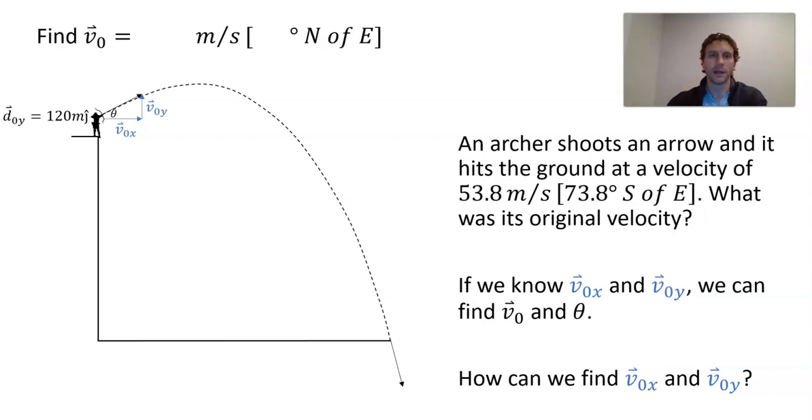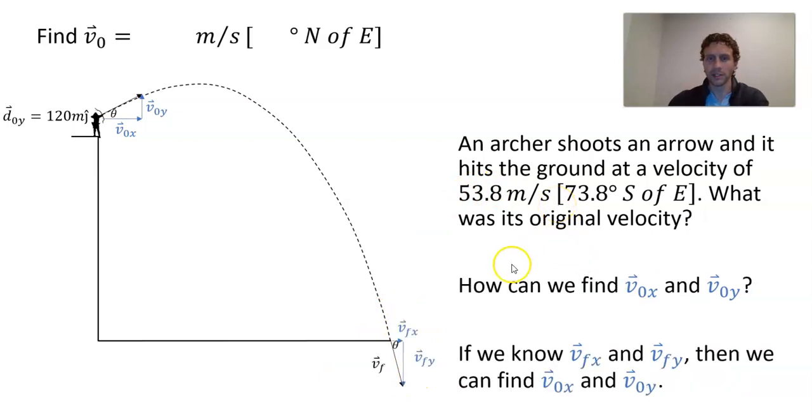Well, I do have this information here. So what does that look like down here? The arrow is coming down, it hits the ground at 53.8 meters per second. It has an x component and a y component, and it is coming down at an angle of 73.8 degrees south of east.